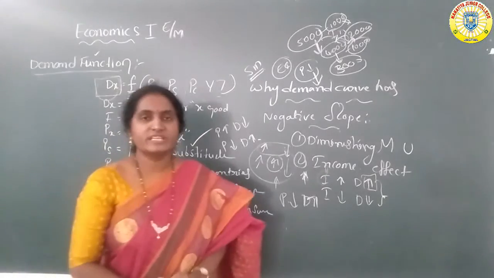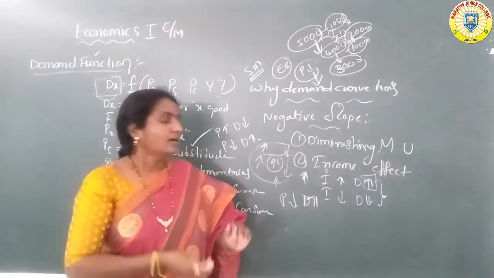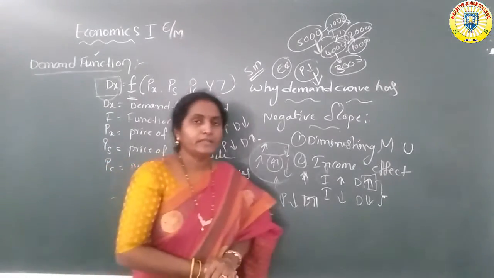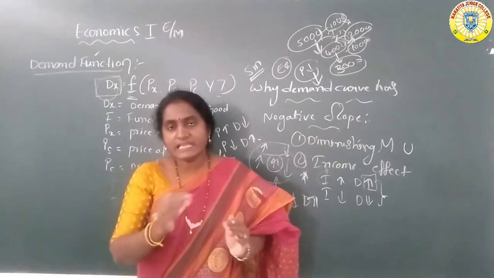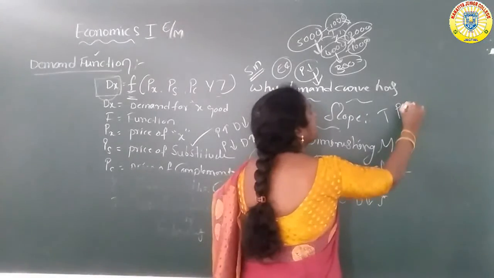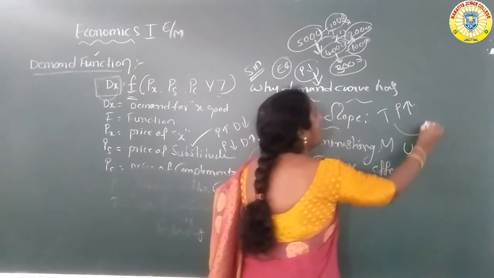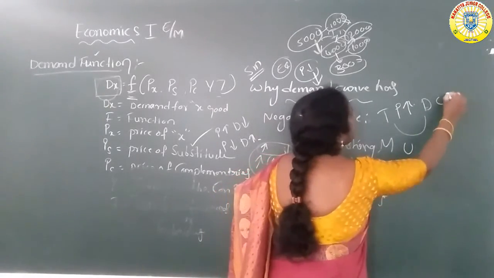Substitution of goods means one good for another. For example, Thums Up and Coca-Cola. These are related goods. In the case of these goods, when the price of Thums Up increases, the demand for Coca-Cola increases.